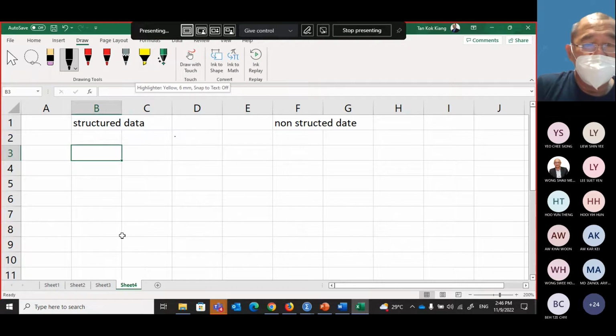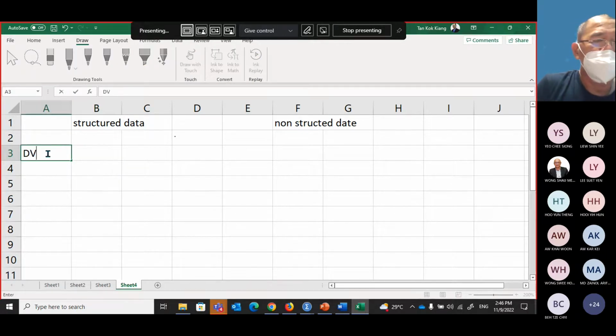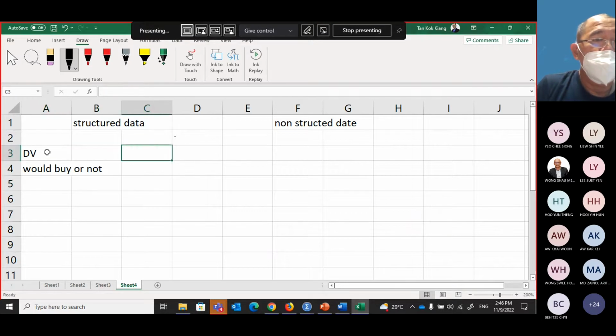We see the example that we are using. The dependent variable is: would buy or not to buy? This is the first variable.